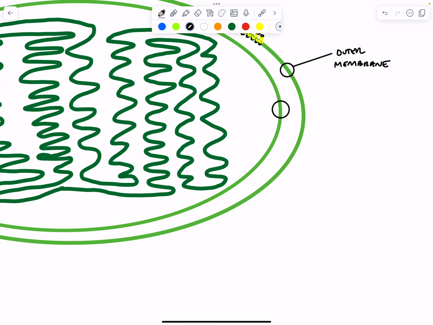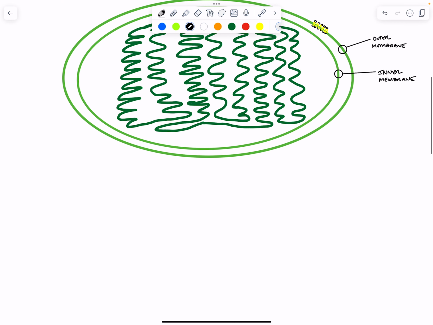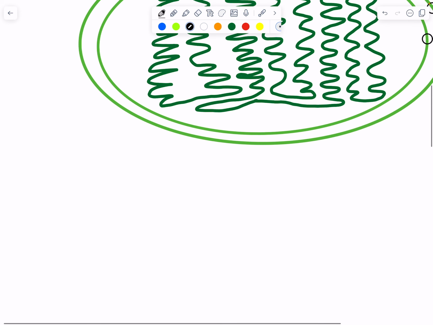Inside the outer membrane, we have the inner membrane. And the membrane on the very inside is called the TMS, the thylakoid membrane system.